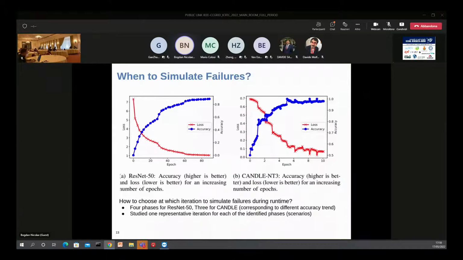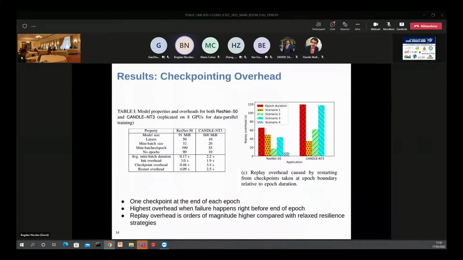Now, first, let's look at the traditional checkpoint restart. We studied the checkpointing overhead in the context of a run of the two applications on 8 GPUs.